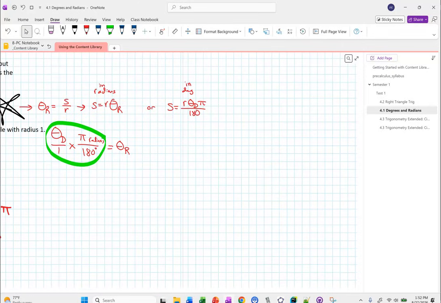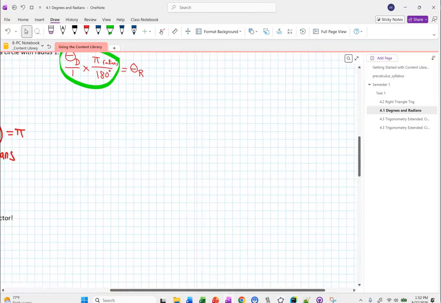The radian one, right? So that's what I'm going to choose to use. I'm going to use my theta in radians because the formula to find the arc length, the S in my picture, is simpler to use. Since I have access to both degree and radian measure for the angle, and that was really easy to get, I'm just going to go ahead and use the radian version, just because it's simple. Everybody's okay? Will I get the same answer if I did it using degrees? Yes. Yes, I will.